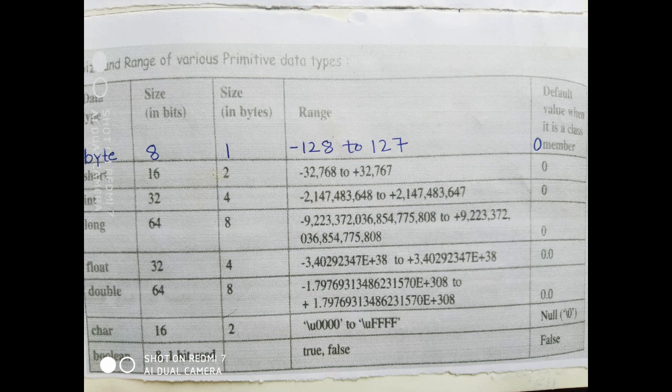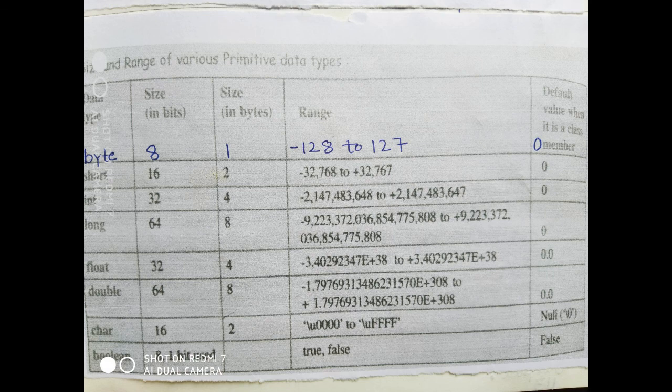Next is short, its size is 16 bit, that is 2 byte, range is minus 32768 to plus 32767 and its default value is 0.